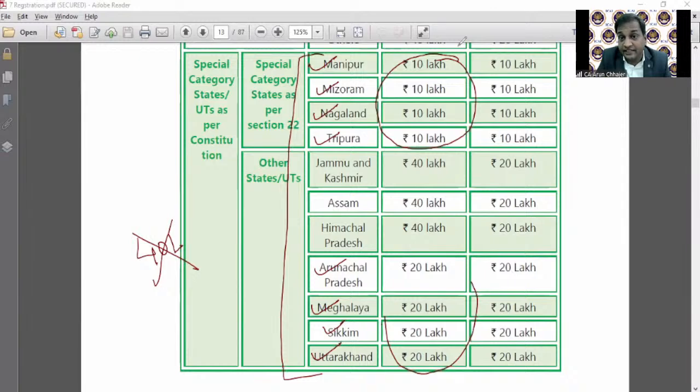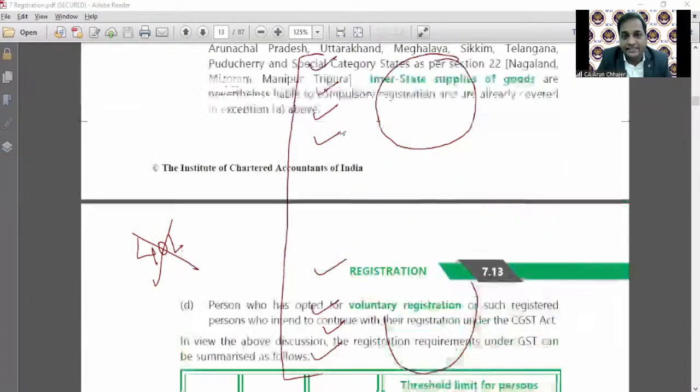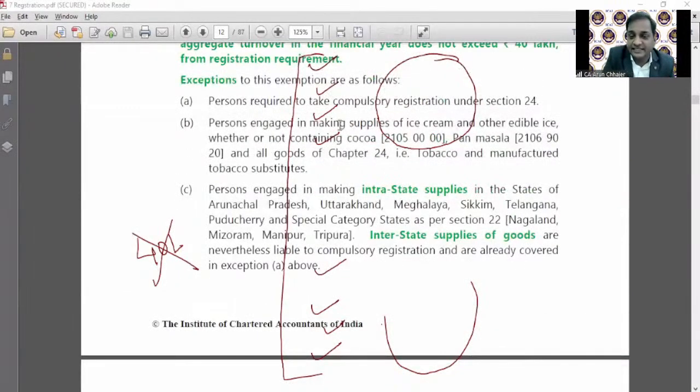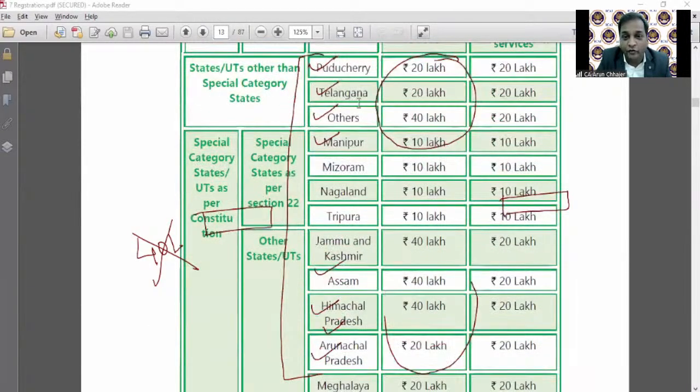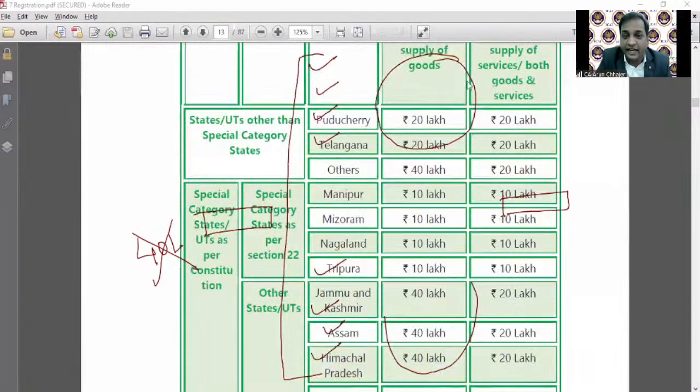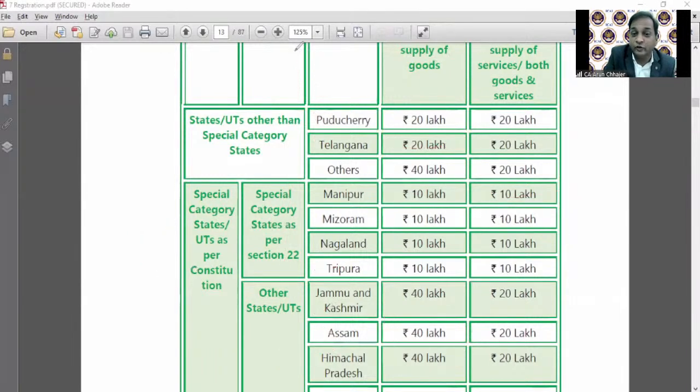And the third point. What is the third point? It says that the limit of 40 would not be applicable for Telangana and Puducherry. Now you can see, for Telangana and Puducherry, the limit is again 20 lakhs.